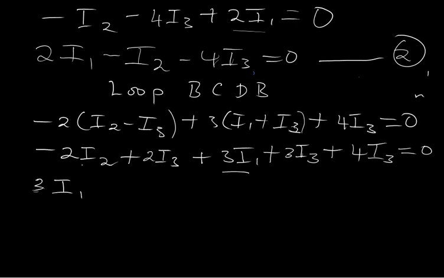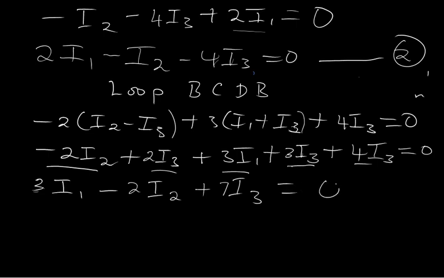So minus 2I2, still there's no like term. Then 2I3 plus 3I3 plus 4I3. That's 5, that's going to be 7I3 is equal to 0. So this is equation 3.